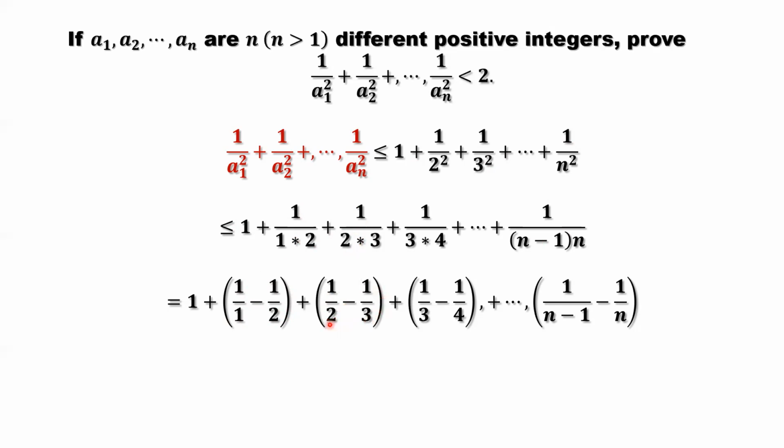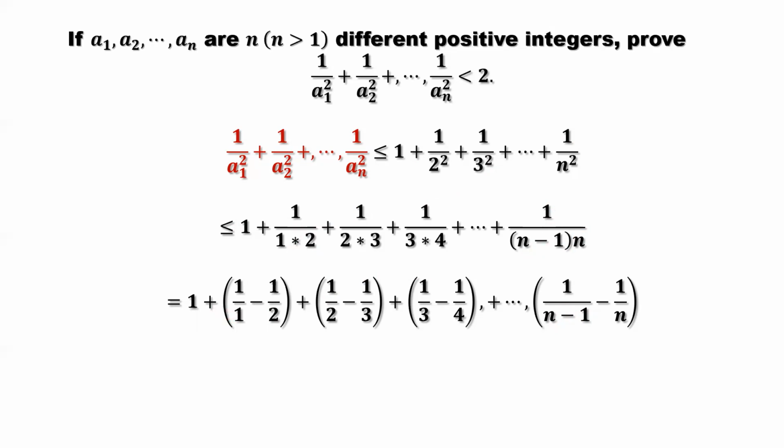That's 2 times 3, and the numerator is 3 minus 2, that's 1. Similarly here, the common denominator is n times n minus 1, and the numerator should be n minus (n minus 1). So n cancels, minus 1 should be plus 1. So here, this is equal to this.